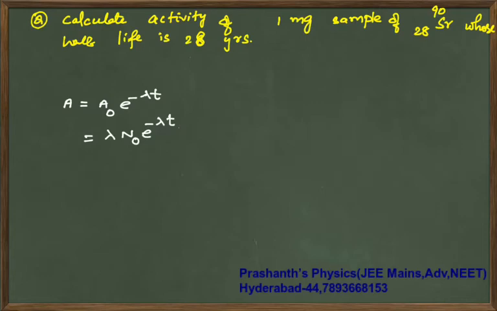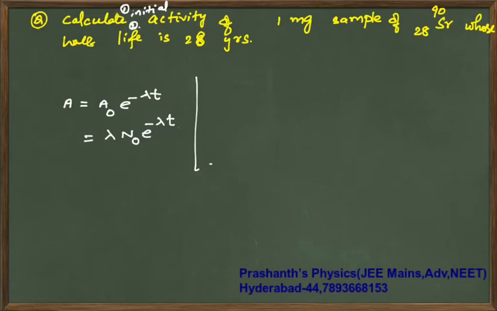So the question should be more clear. Initial activity and activity as a function of time, both should be asked. So convert this into two questions: 1 and 2. Calculate initial activity as well as activity.